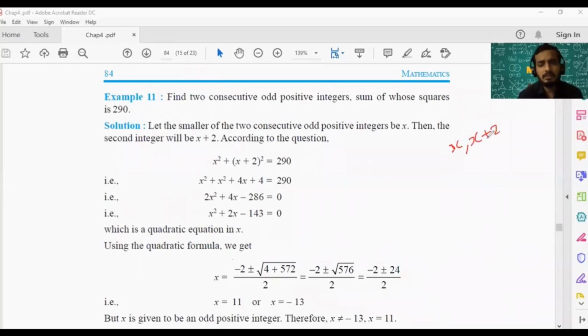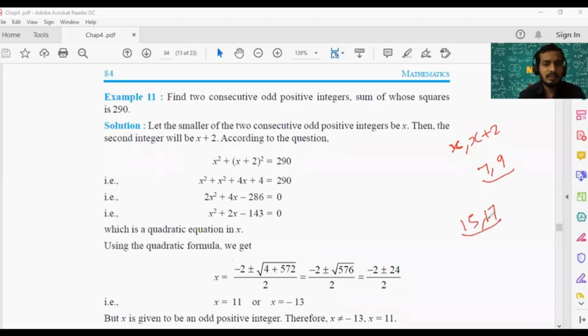Consecutive means they come very close. So if x is the first one, the next odd number will be x plus 2. For example, if 7, then the next odd number must be 9, that is 7 plus 2. If the first one is 15, then the next one must be 17.